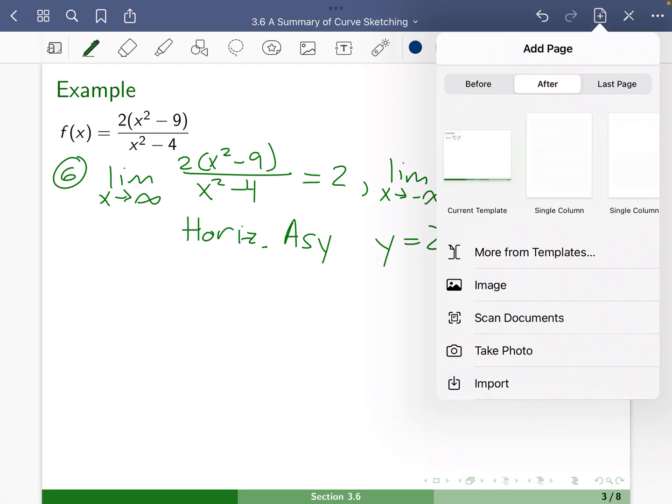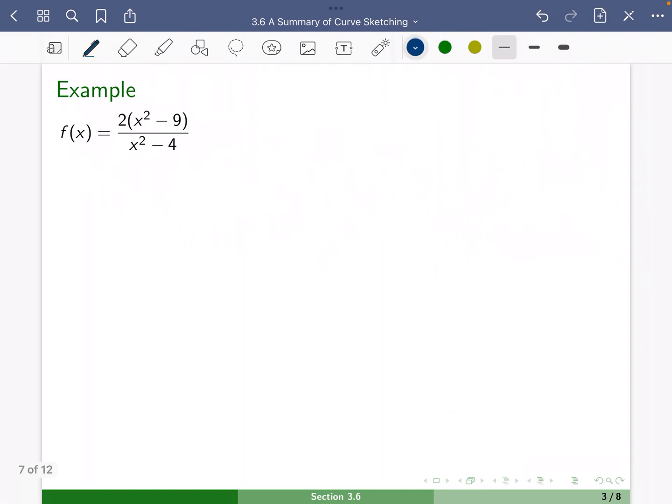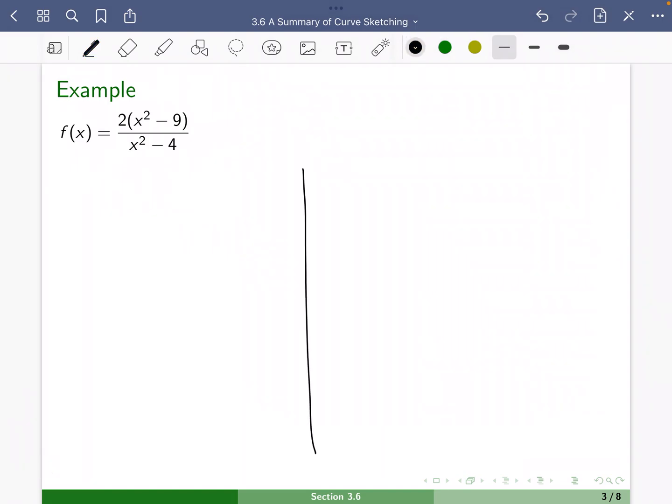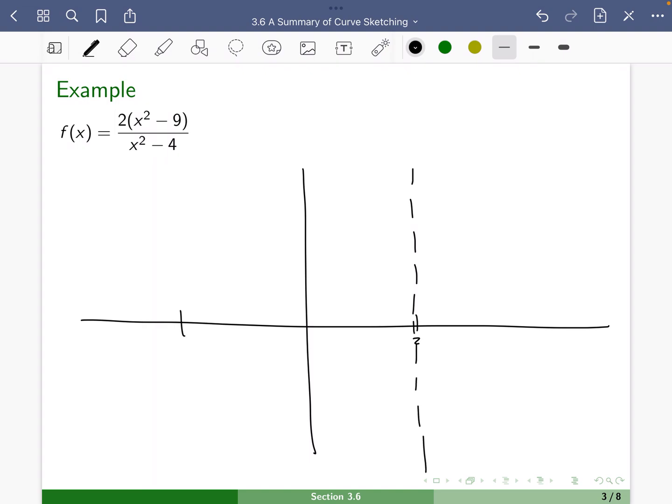All right, so now let's put it all together and graph this thing. At 2, we had a vertical asymptote. At negative 2, we had a vertical asymptote. At y equals 2, we have a horizontal asymptote.